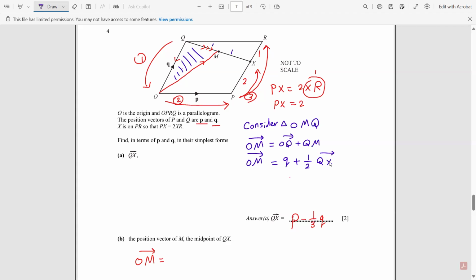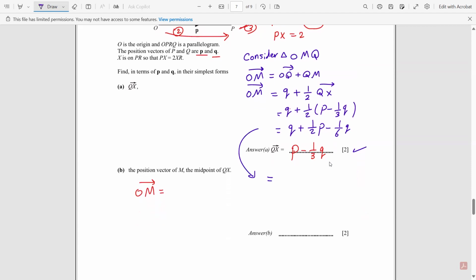QX vector I already solved in the first part, so I have q plus half bracket p minus 1/3 q. So the final answer is q plus 1/2 p minus half times 1/3, which is 1/6 q, as you see here.